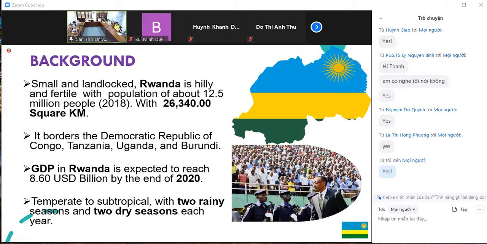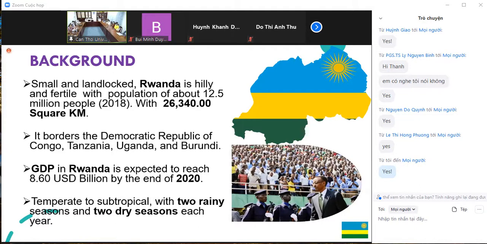Our population is 12.5 million by 2018, and the surface area of the country is 26,340 square kilometers. Rwanda borders the Democratic Republic of Congo, Tanzania, Uganda, and Burundi.